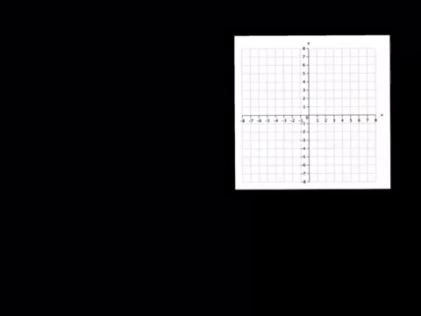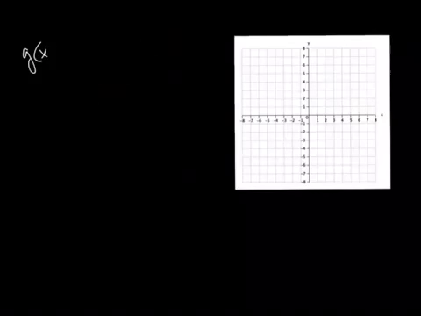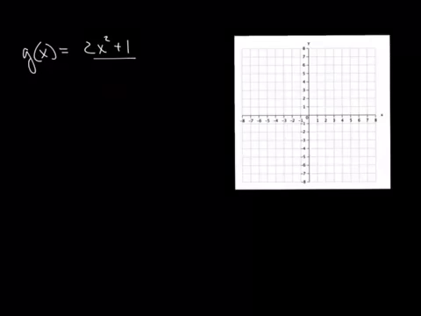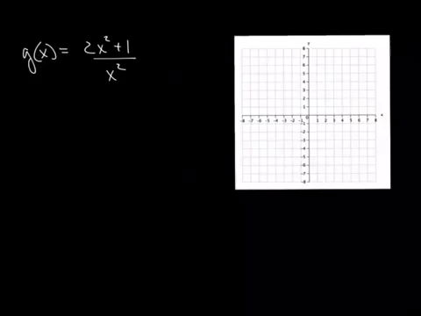All right, let's look at example 6 here. We have g of x equals 2x squared plus 1 over x squared. What they're wanting us to do is graph this and include and label all of the asymptotes.